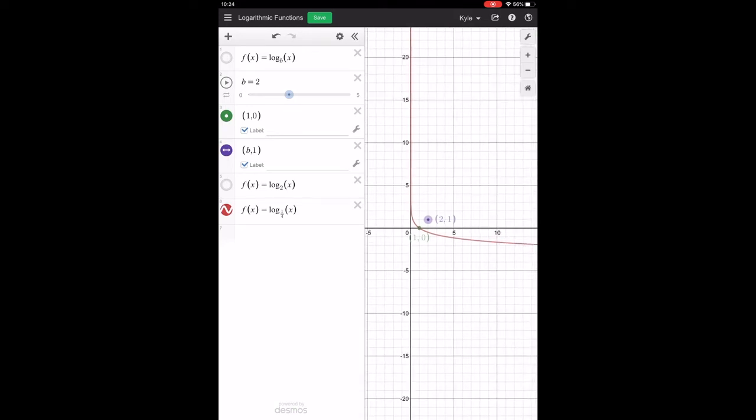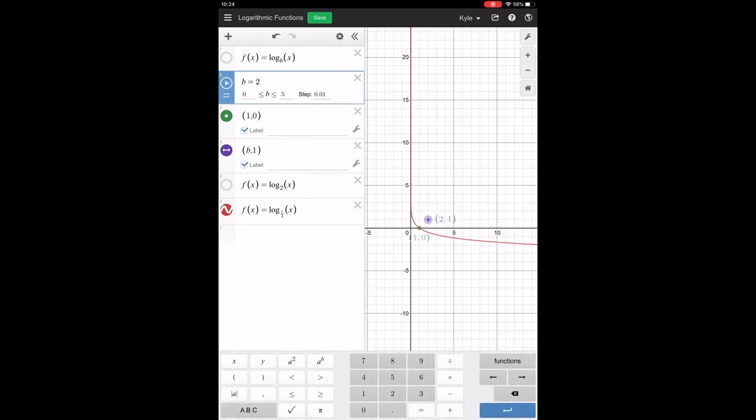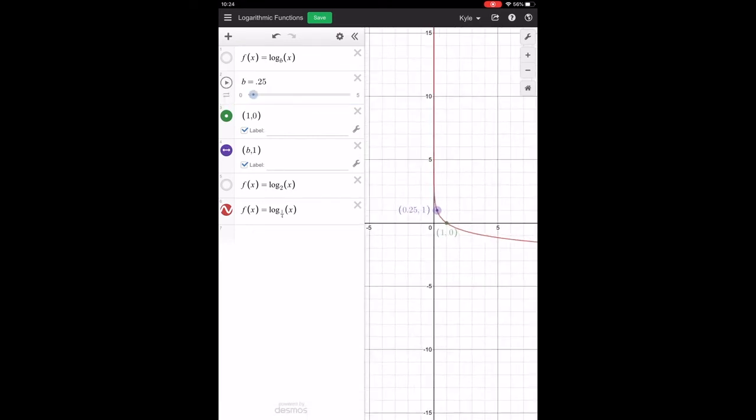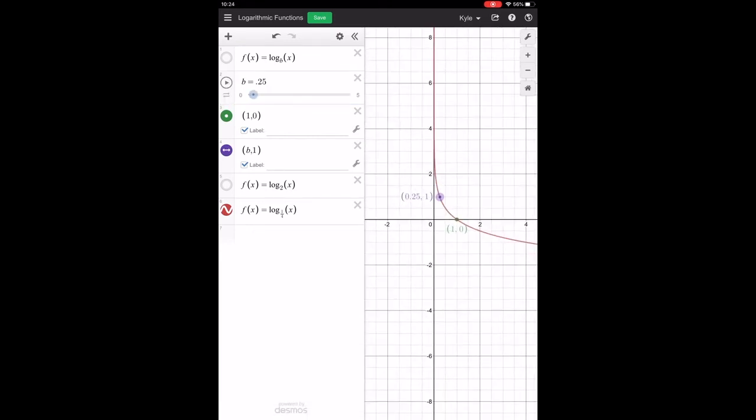Now let's set b to be 1/4. So I'm going to change this to be 1/4 or 0.25. And what do you know? It is in fact on the graph. You can see it right there. So our predictions were accurate. We were able to correctly establish that one would be the growth, one would be the decay, and we were able to find some points that they would have.